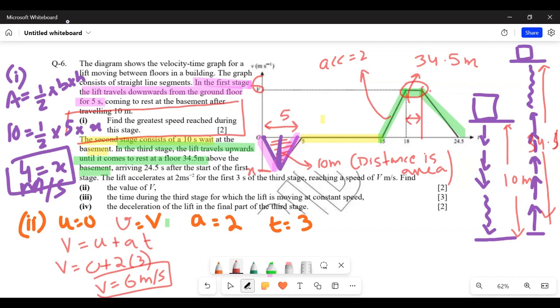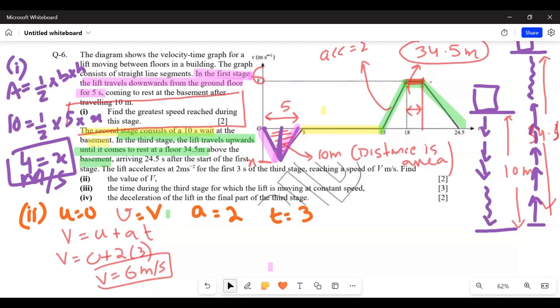So that would be one of the parallel sides of the trapezium, this side. Also, we know the area of the trapezium, which is the distance covered in the third stage. That's 34.5. So we can use the formula for area of the trapezium and find one of the parallel sides.